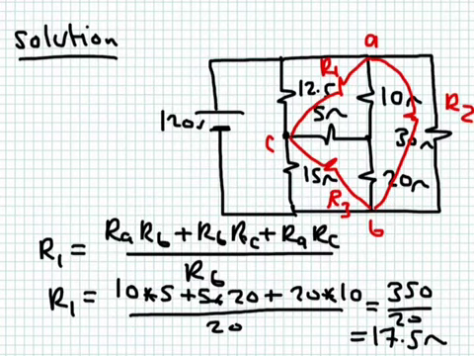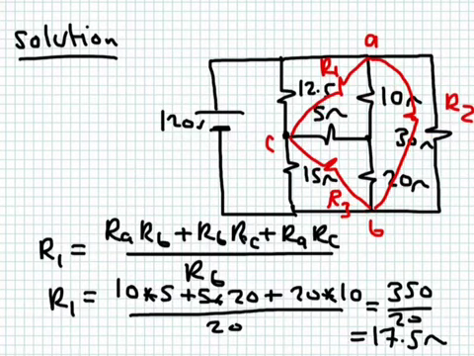So when you apply the Y to delta connection, you name a node A, you name the other node B, you name the other node C. Okay, the resistance corresponding to A in this triangle, this is a triangle here, 3 edges, is called R3. So corresponding to A is R3. Corresponding to C is R2.